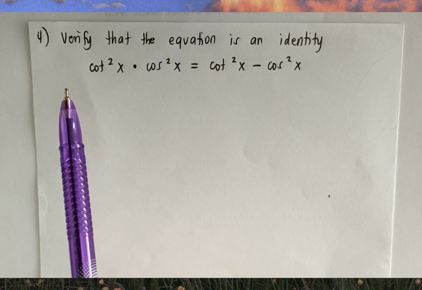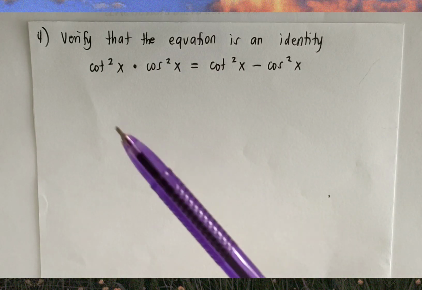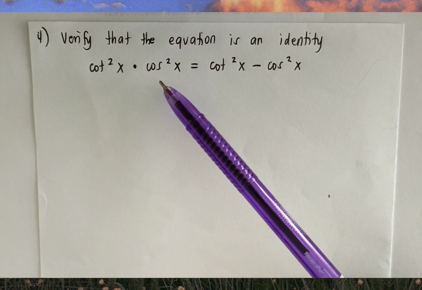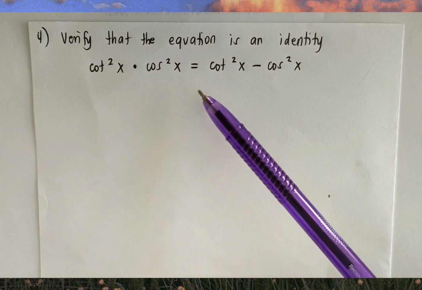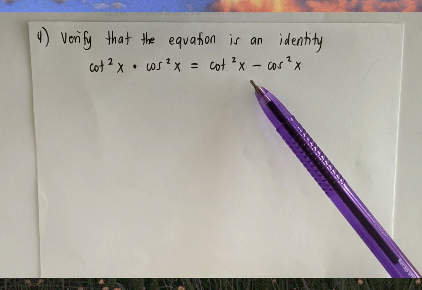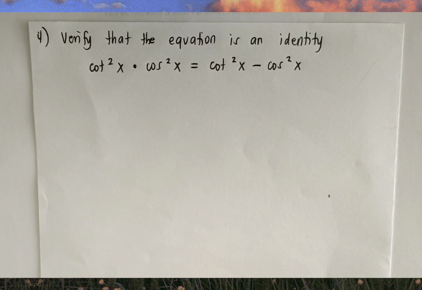Number 4, verify that the equation is an identity: cotangent squared x times cosine squared x is equal to cotangent squared x minus cosine squared x. The first step that we need to do is to change both sides in terms of sine and cosine. We will start from the left hand side.